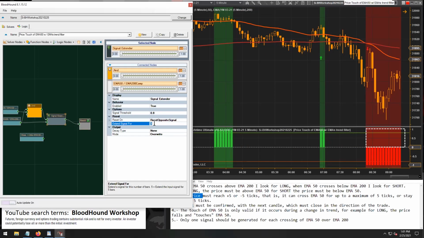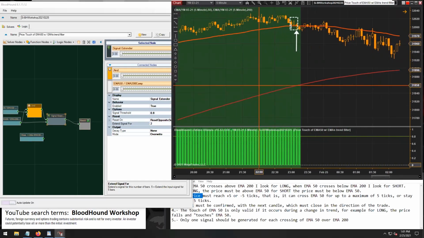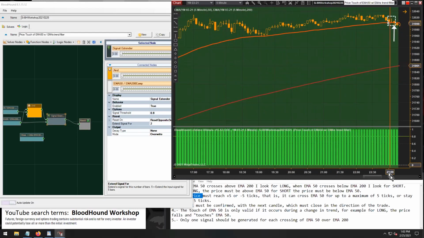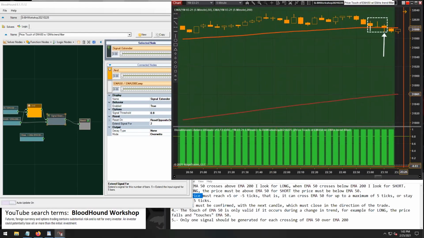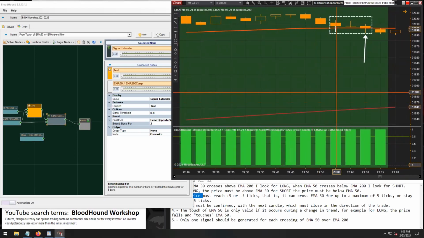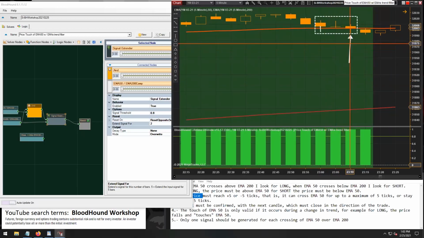All we need to use the signal extender for is really, I think, just 1 bar. Actually, who knows? Maybe 2 bars. Yeah, let's just do 2 bars just in case. Let's go back to this little scenario back here that we were using earlier.